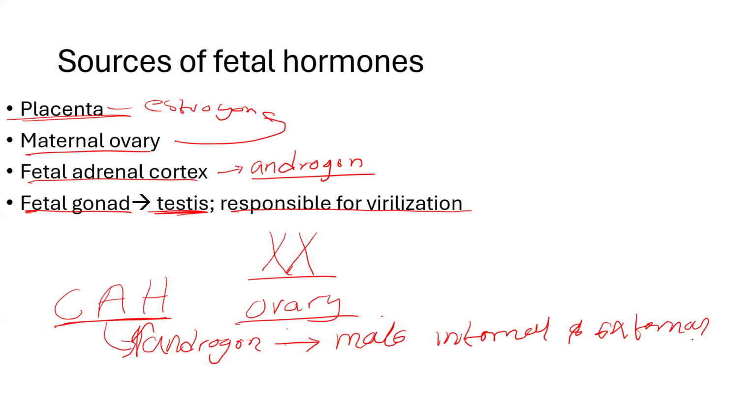So these people will be brought up as boys, because at birth you simply look at what this fetus possesses. Is it a penis or is it a vulva? And you assign the sex based on that. Because they have male external genitalia, they'll be brought up as boys.